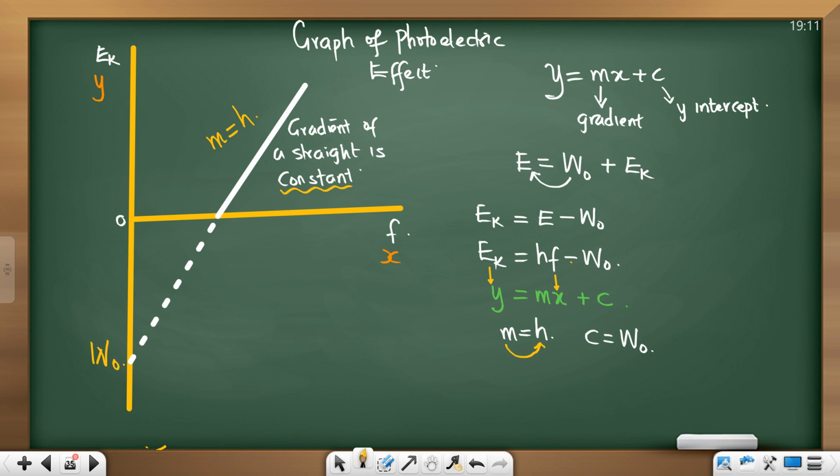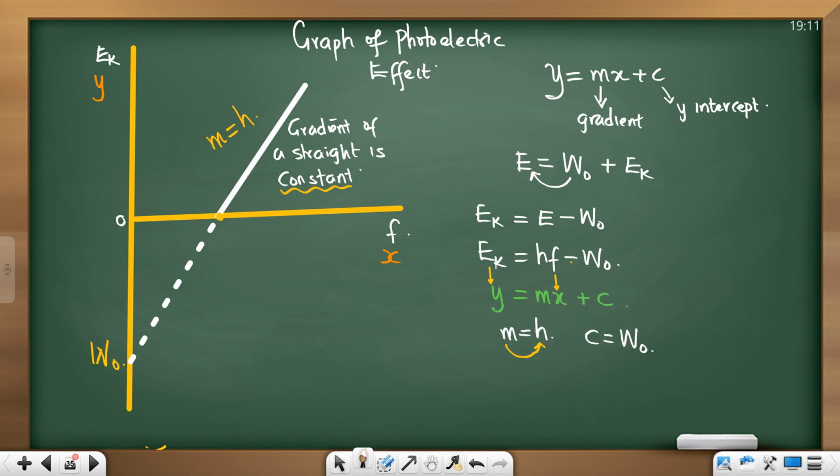Are we okay with what I've done so far? So you would see it's a negative value. It doesn't mean that the work function is negative. No, it's only telling you to look below 0. What is this point? That is your x-intercept. And what do we know about x-intercept? y is equal to 0. I'm going somewhere with that.